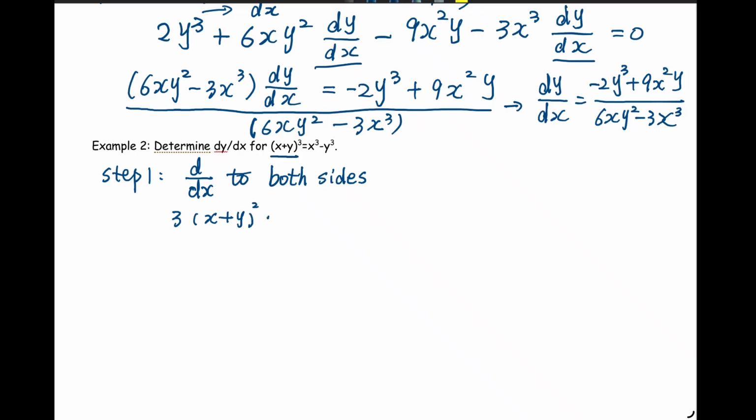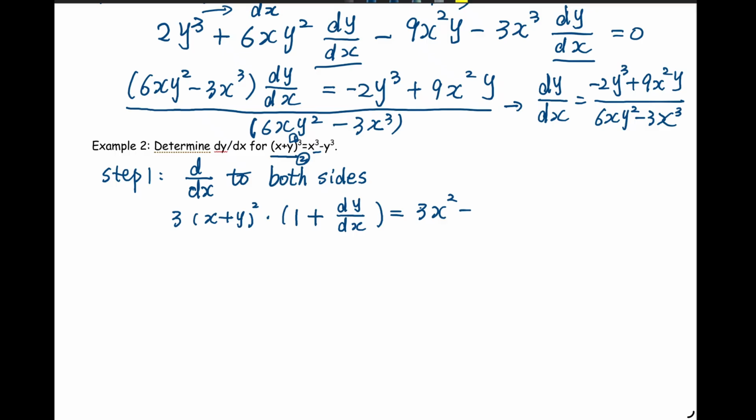Then don't forget we need to do the derivative of the base. So we have 1 and the base is x plus y. The derivative of x with respect to x is 1 and the derivative of y with respect to x is dy by dx. Then equals, x cubed is the same as before, 3x squared.